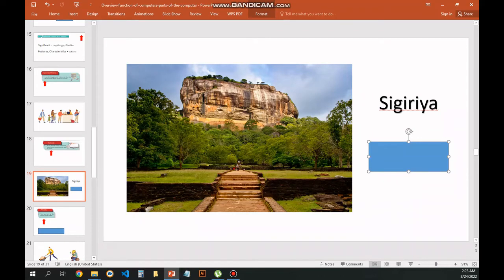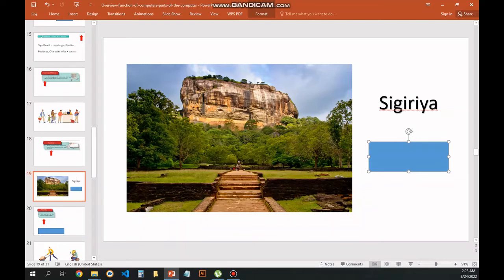Okay, now imagine, usually there are websites where we can get information. Imagine a foreigner tries to come to our country. He really needs to know about Sigiriya, so he's trying to get more information about it. He goes to a website and types the word Sigiriya, looking for where Sigiriya is located.